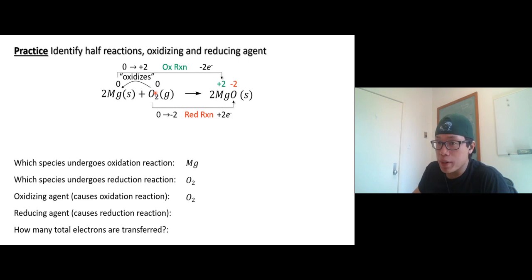Oxygen by itself is not going to do it, but magnesium makes oxygen undergo reduction, so magnesium reduces oxygen. The total electron transfer: magnesium loses 2 and oxygen gains 2, so 2 electrons total. That's how we do it.